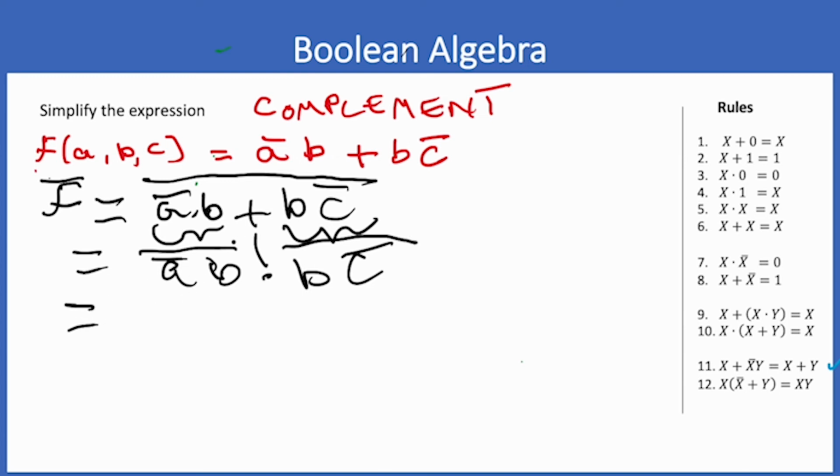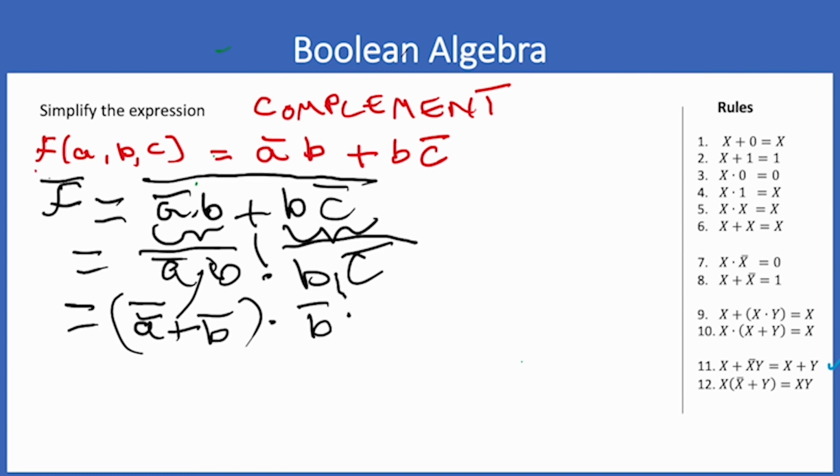Okay, now let's reduce each of these individual terms. We're going to get A bar, and then the complement of the A bar. This goes to a plus, and then we'll have B bar. So we've removed this complement bar. Okay, and that times, De Morganize this function right here, and it becomes B bar.